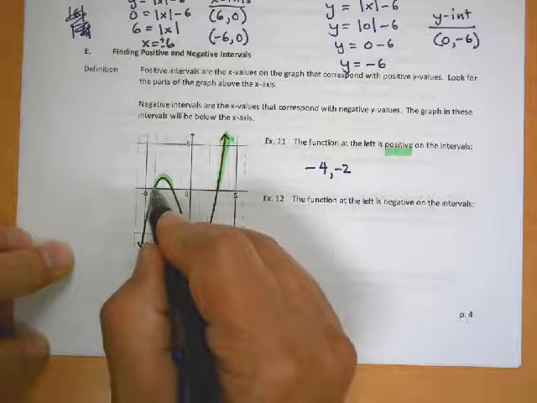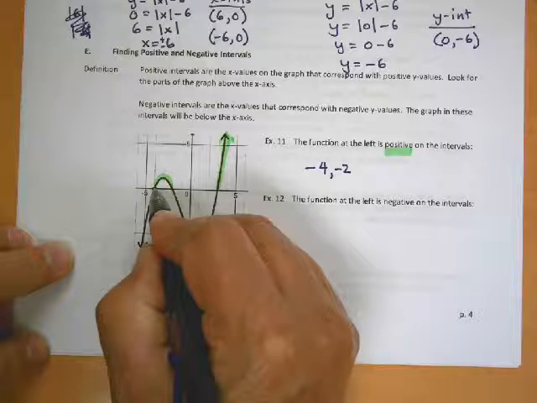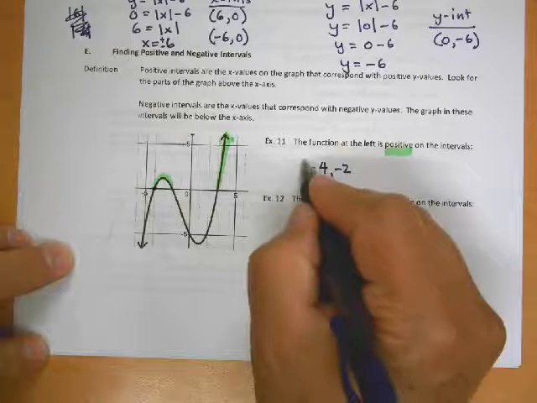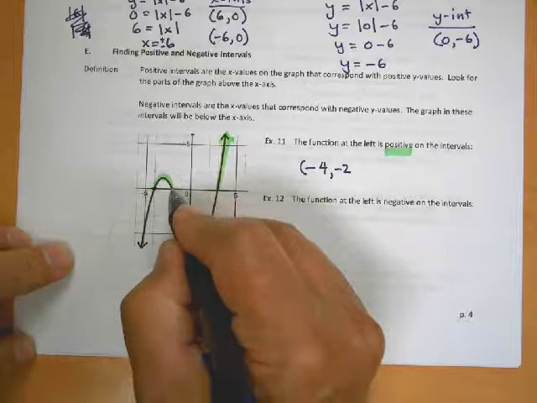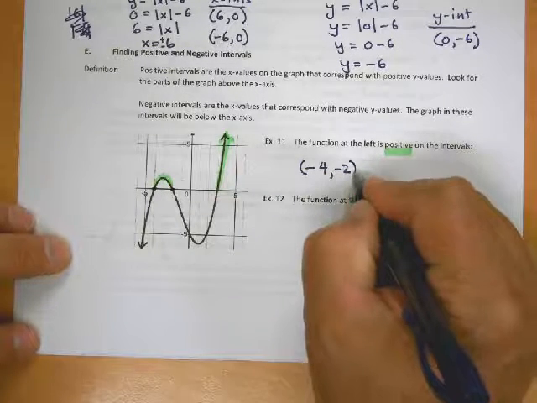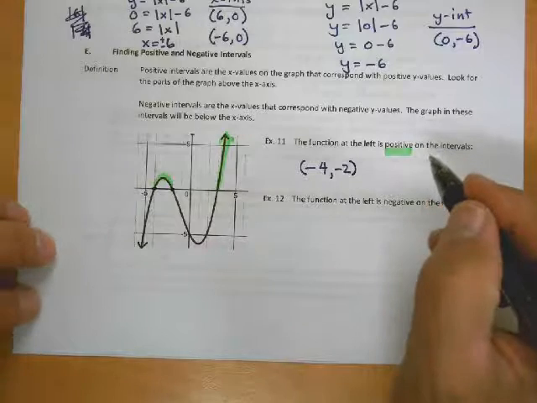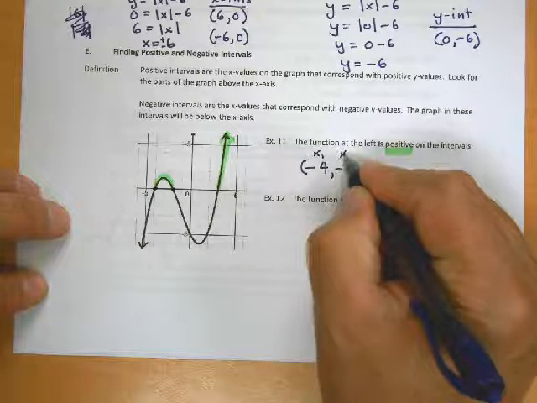The y value here is 0. Since 0 is not a positive number, we don't include this end of it. And likewise over here, the y value is 0, so this point over here does not count. And you use round parentheses. Now, this is your beginning x and your ending x, your first and second x.